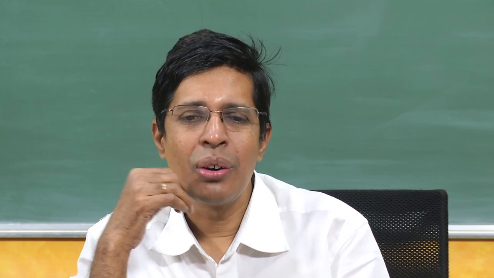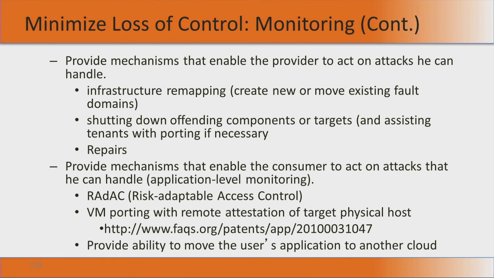And how do I get this information? I basically send an attestation request and I get an attestation based on which I make a decision. So, how does a consumer go and ask for this attestation and get back an attestation? There are some patents for that, very interesting things.